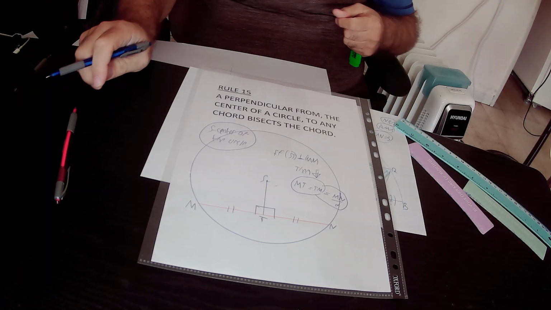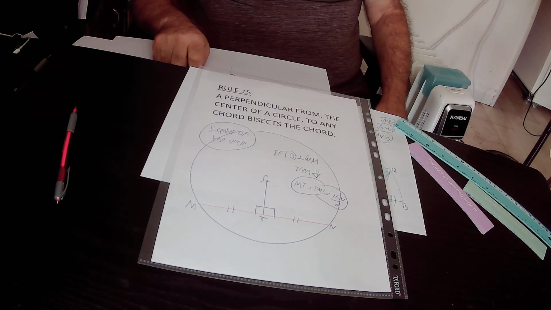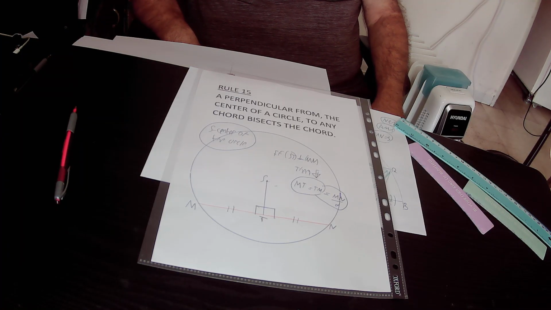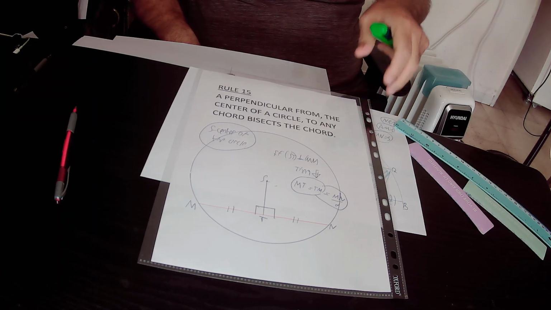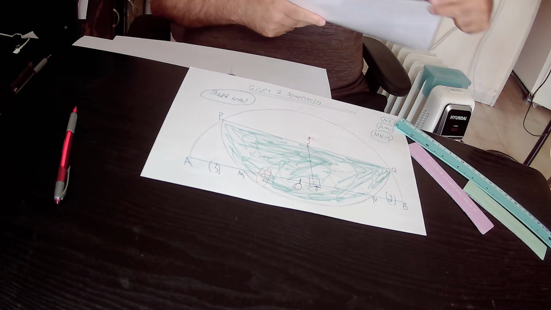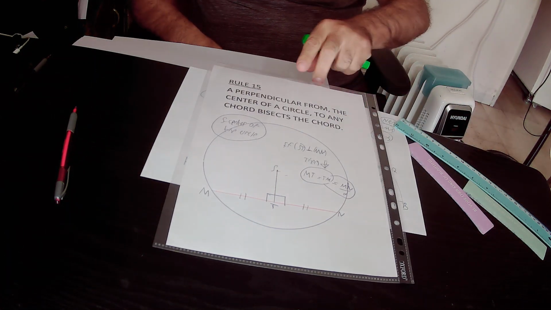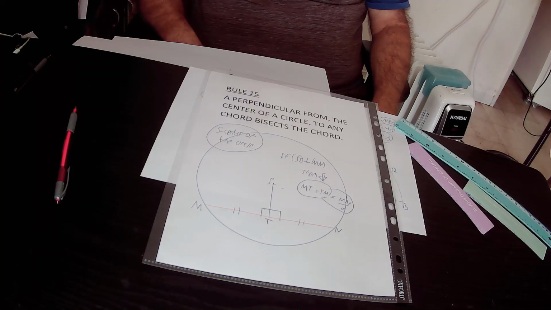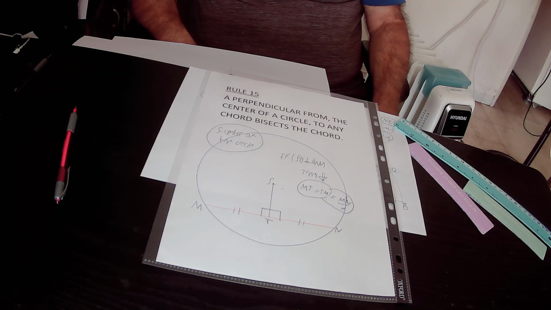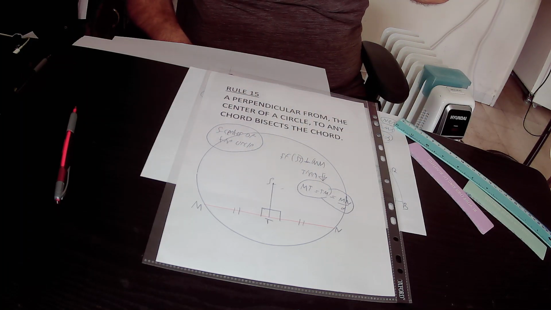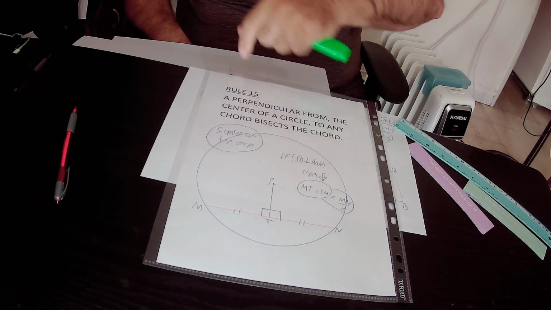According to rule 15, a perpendicular from the center of the circle to any chord bisects the chord. We have a circle. Point S is the center of the circle.